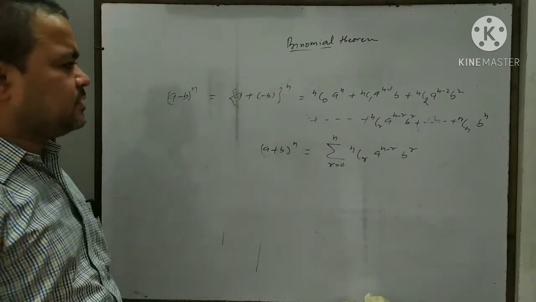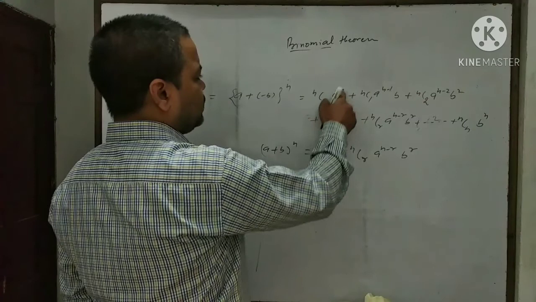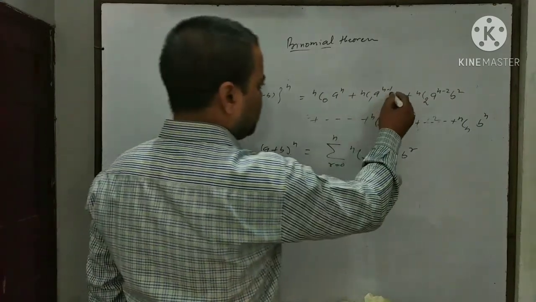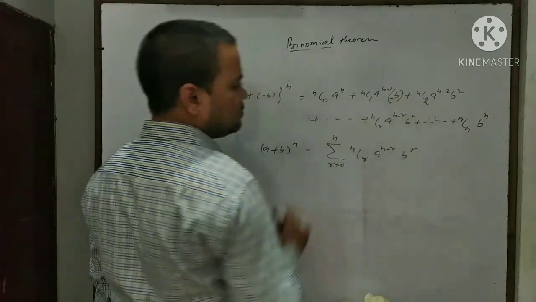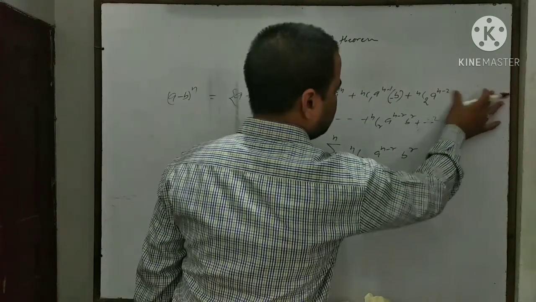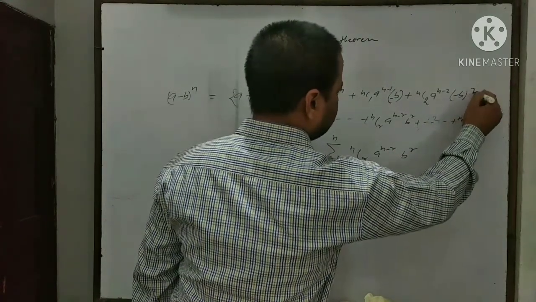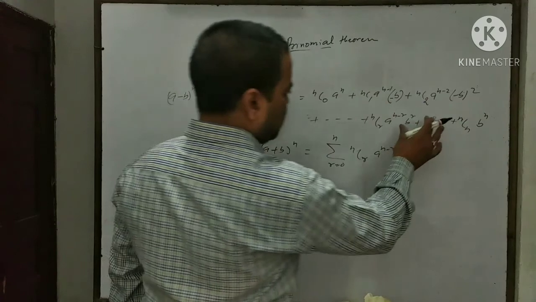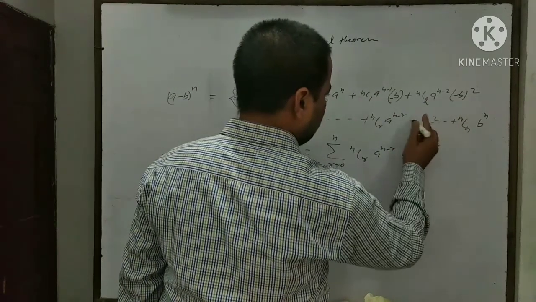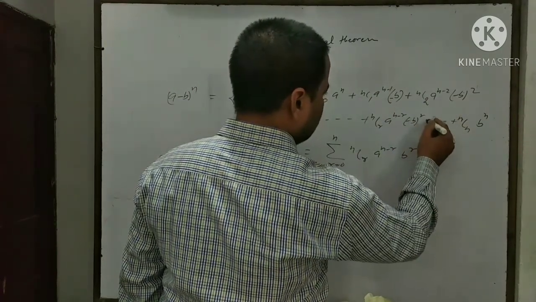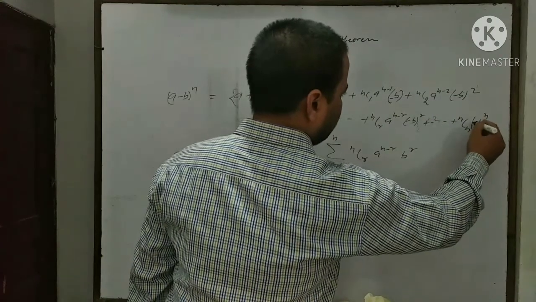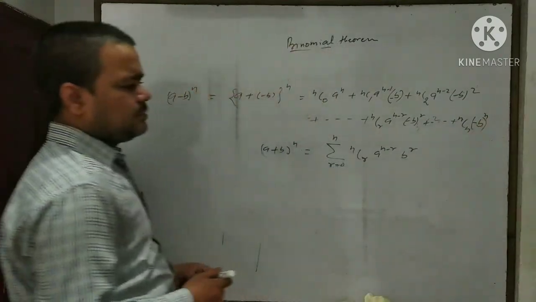We can write it this way. Then nC0 a raised to the power n, and here in place of b it will be minus b, and here it will be minus b whole squared. Similarly here it will be minus b raised to the power r. Similarly here minus b raised to the power n.